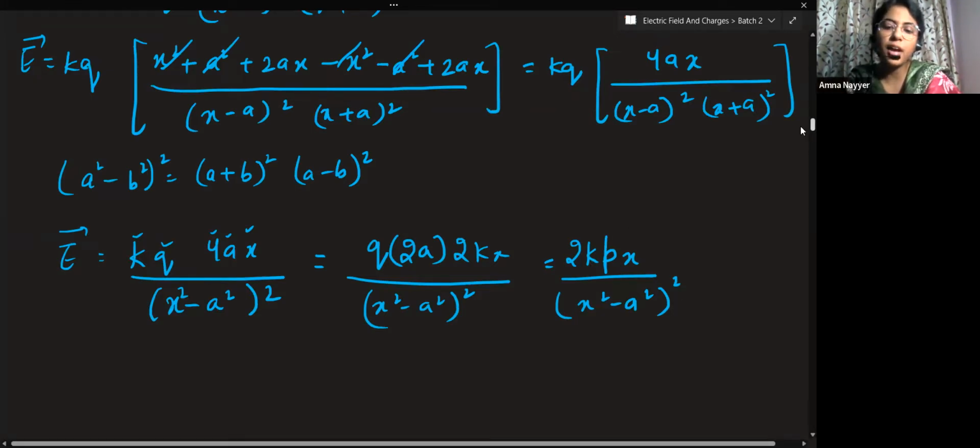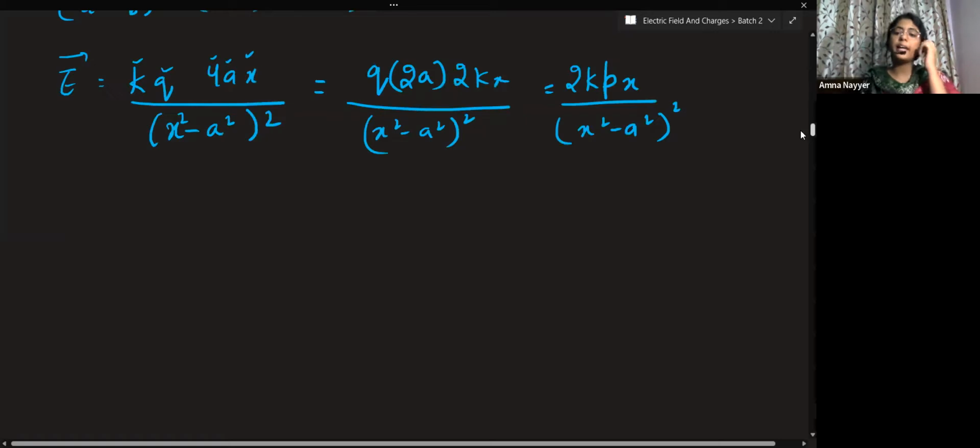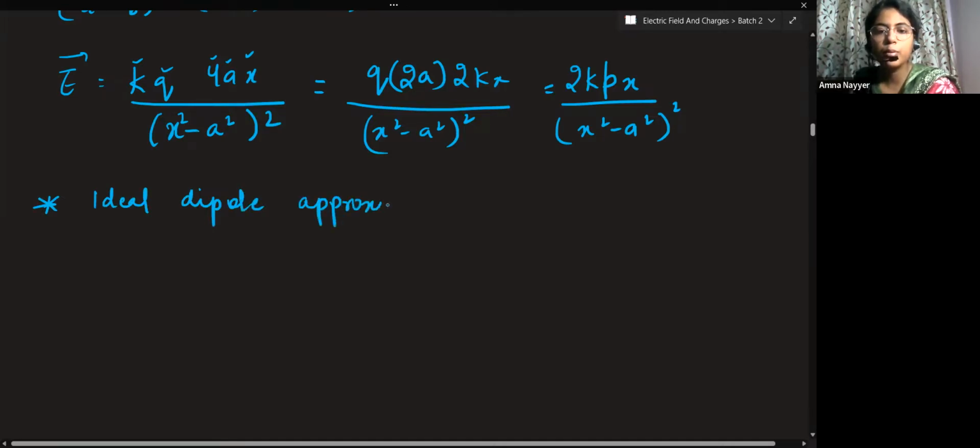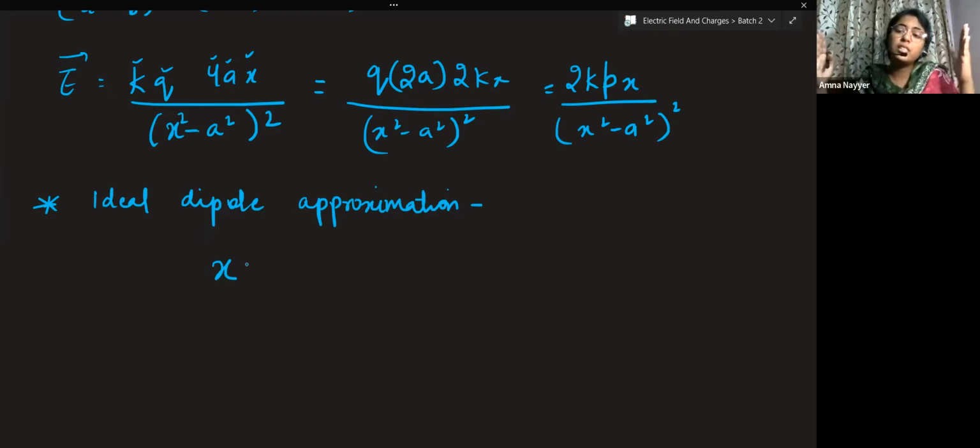Now see, this is valid if your x is comparable to a. Now, we have one more thing in this, which is known as the ideal dipole approximation. Ideal dipole approximation basically means that the x that we have taken, the separation from the point to the center of the dipole, is so much greater than the separation between the dipole charges.